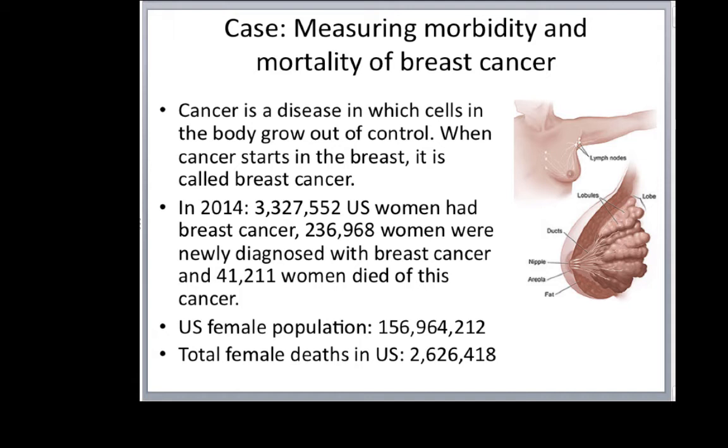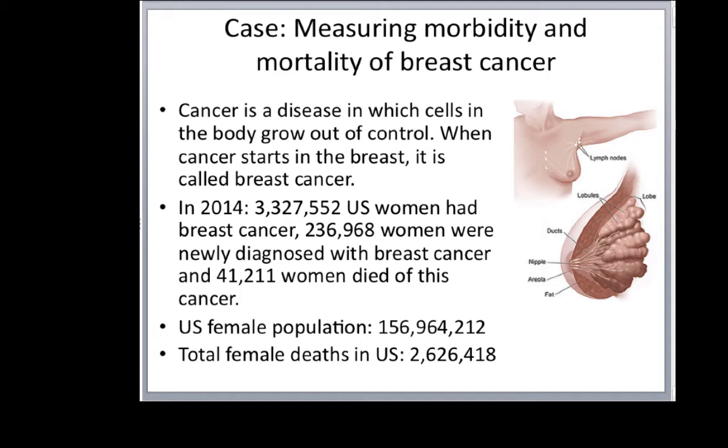Now this is tricky with the data that I've given you. I just want to qualify this a little bit. This is tricky because I've given you the number of people that did not die overall from everybody, because this is not data that we're getting from a cohort study. I've given you only the data for the number of people who have died of breast cancer in this year, in 2014.